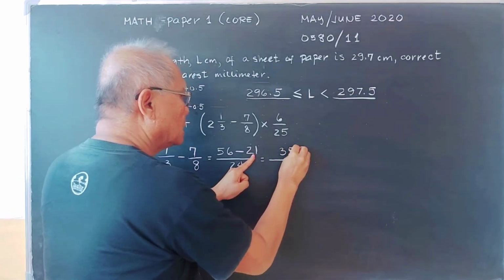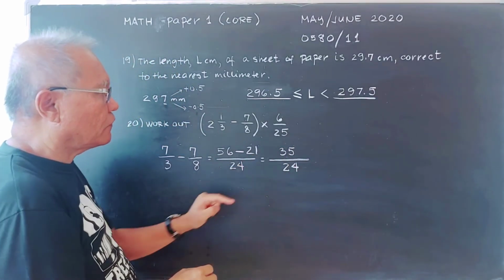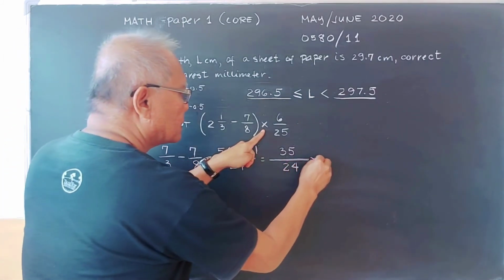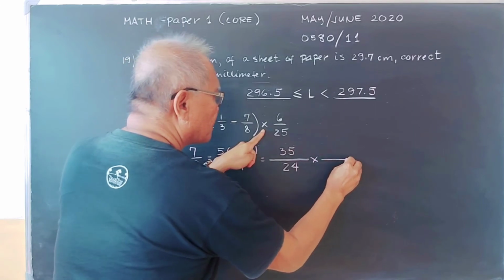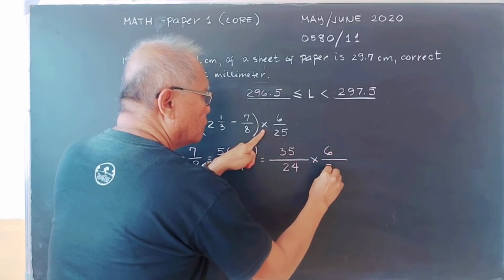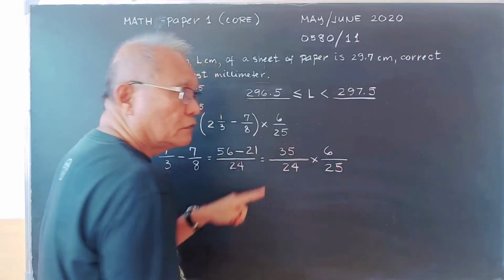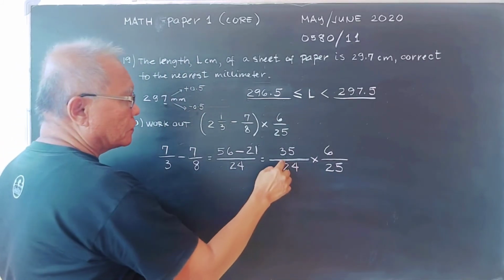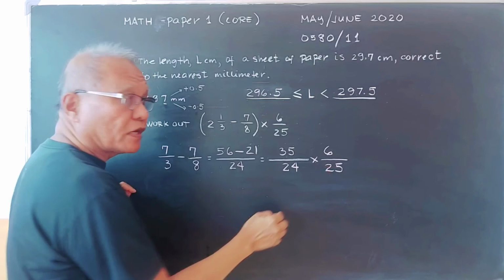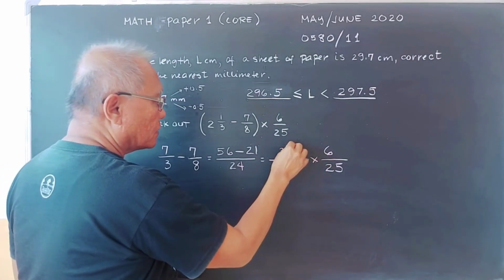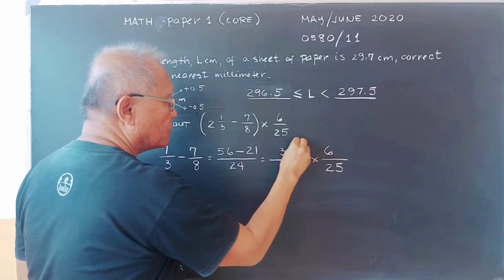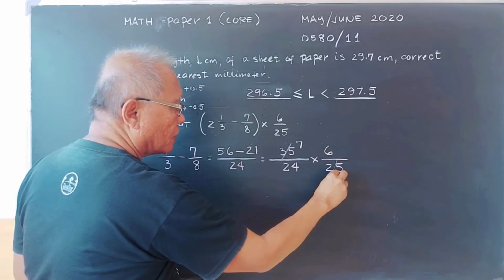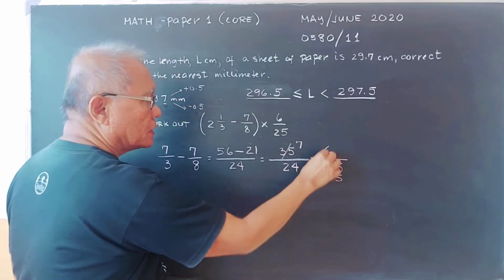Over 24, and then we multiply by 6 over 25. Now we can do the cancellation, it's easier. So we divide this 35 and 25 by 5. So 35 divided by 5 is 7. 25 divided by 5 is 5. 6 and 5?